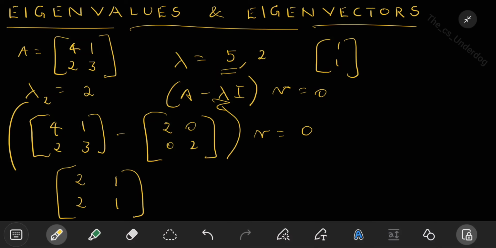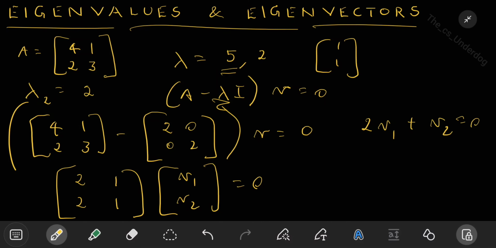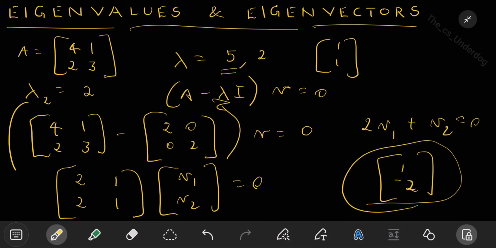So you got 2, 1, 2, 1 into your vector v, decomposed into v1, v2, equal to 0, which means 2v1 plus v2 equal to 0. So the eigenvector will be 1 and minus 2. So 1, minus 2 is the eigenvector corresponding to lambda 2.